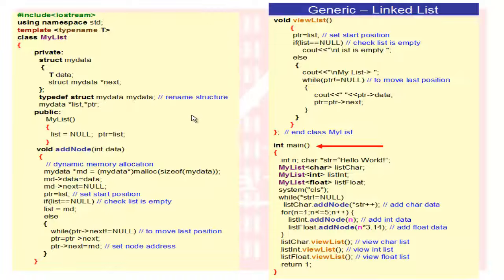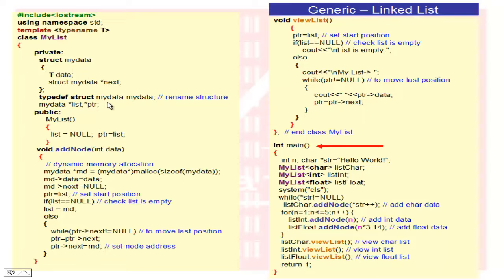It's very simple, all the code is the same, I have just added one keyword here, template, and typename T, meaning generic type name. Now this time in the structure side I have added the T type data.